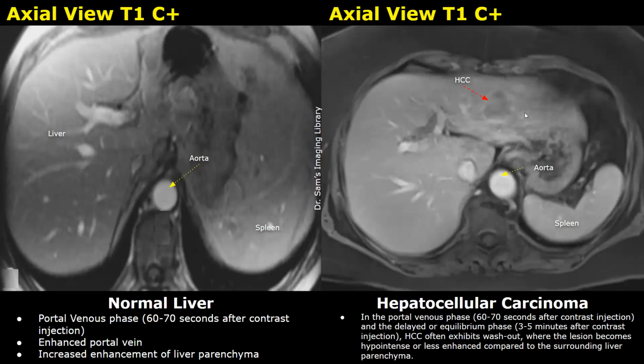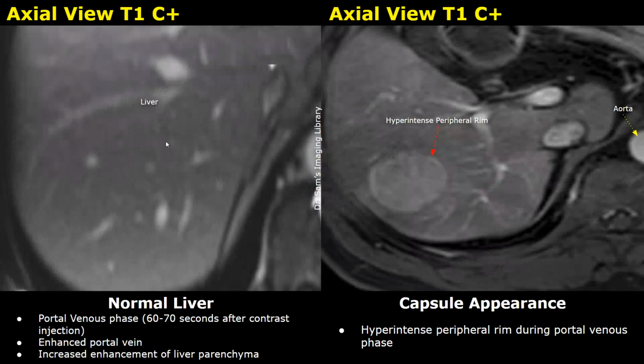Another feature that can be seen in some cases of hepatocellular carcinoma is a capsule appearance during portal venous phase. A hyperintense peripheral rim can be seen during the portal venous phase. This bright border around the tumor.